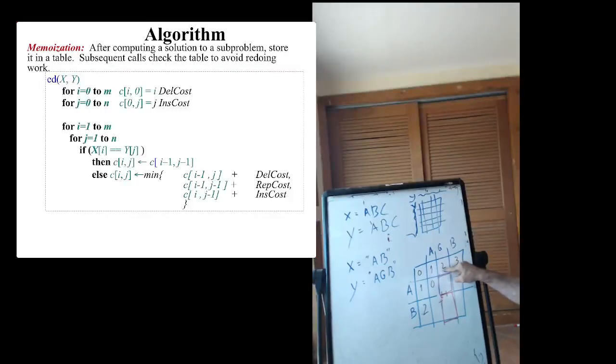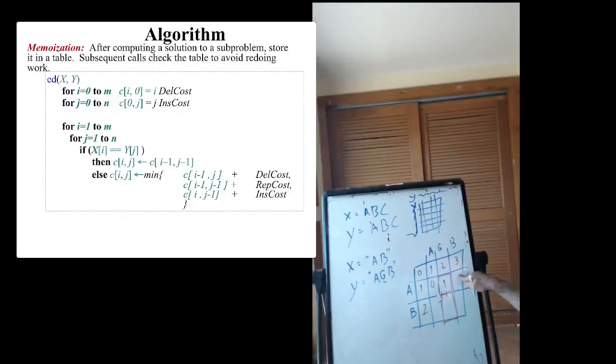So it will be either 2 plus 1, making it 3, or 1 plus 1 replacement, or 0 plus 1 insertion. Just insert the G over here, so take the cell to your left, which is 0, and add 1 insertion, making it 1.